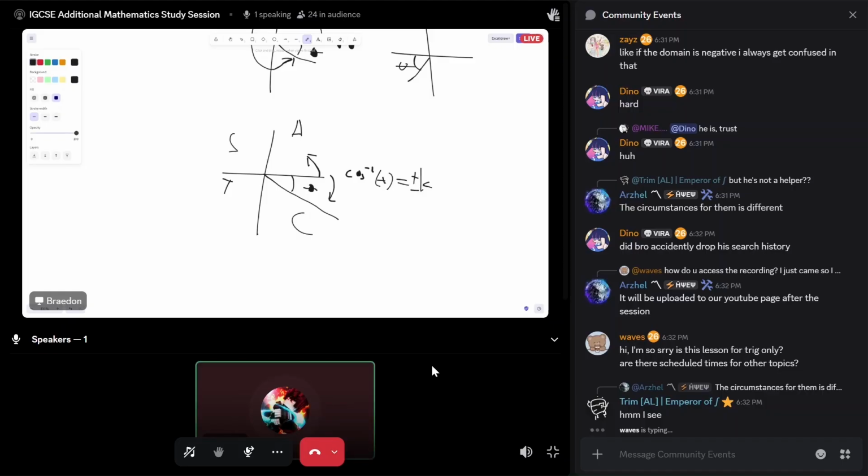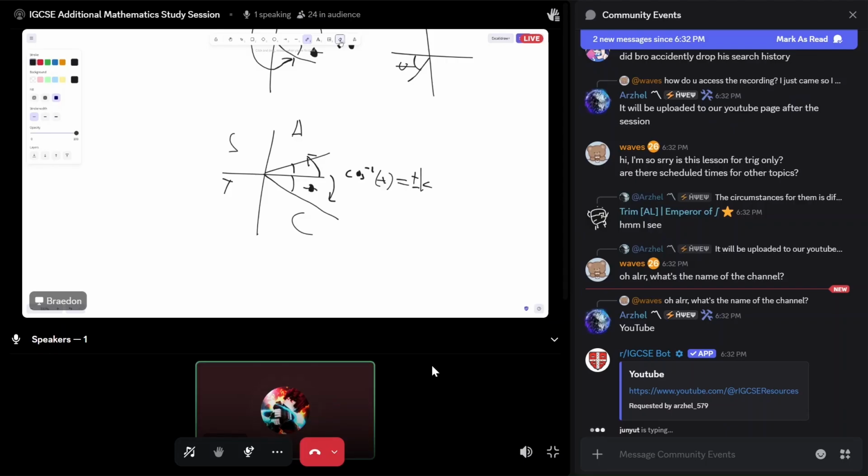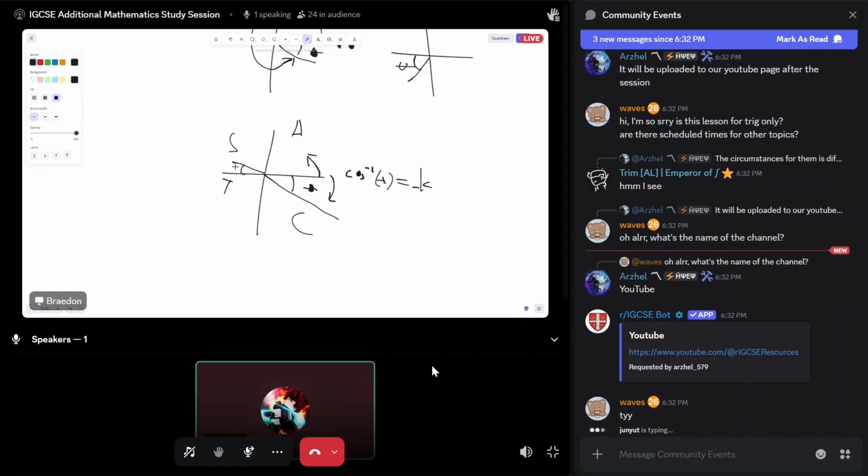So the other place where x can be is just A itself, because this is positive. But then if it's a negative k, the angles will be here and here. But you have to count those angles from here and here.